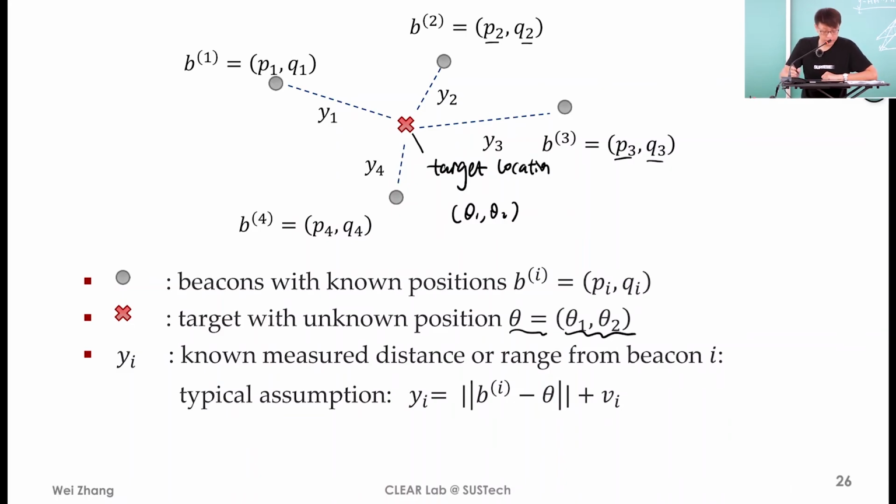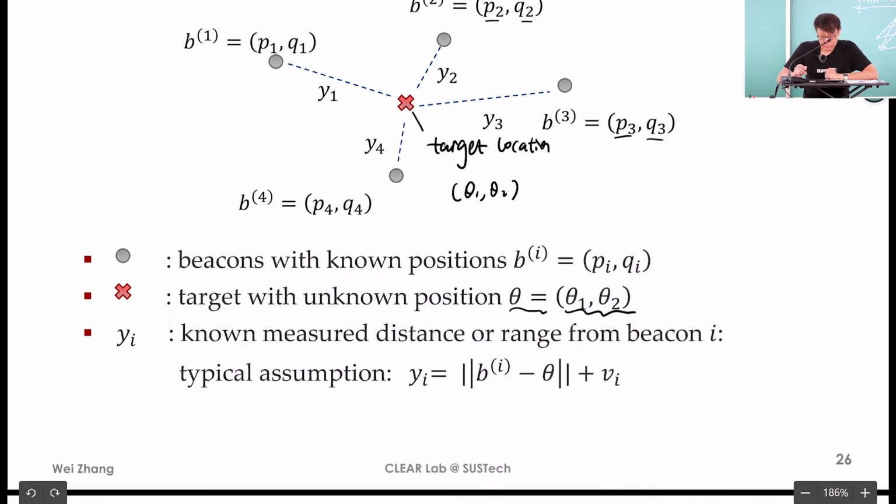I need to estimate the unknown. I'm using theta, but in reality, they will be x and y. What you can measure is the distance from the beacons. The typical assumption is that the measurement gives you the distance from the beacon to the target, plus some noise, because it will never be exact. What is this?